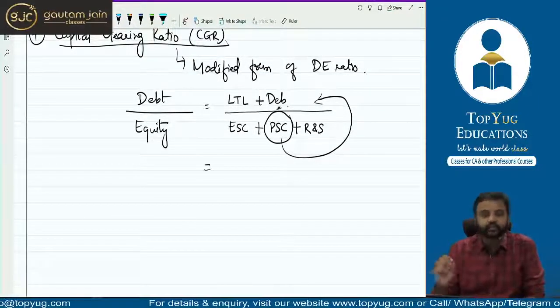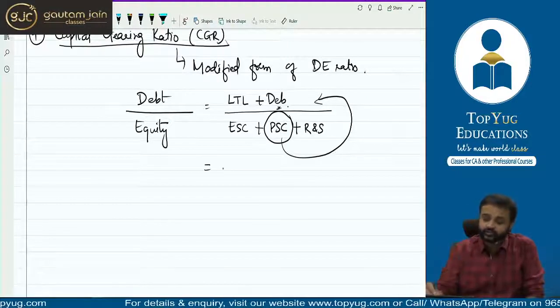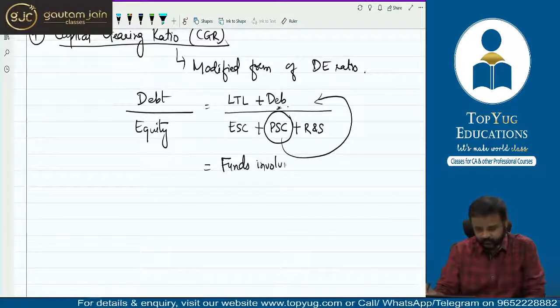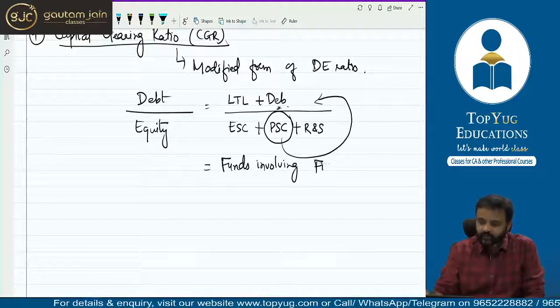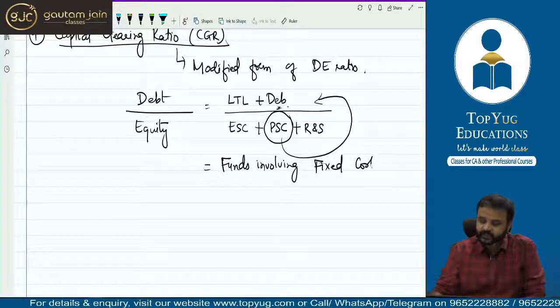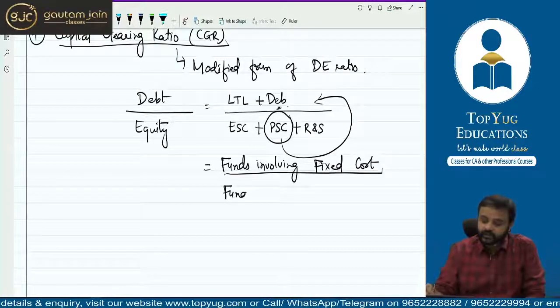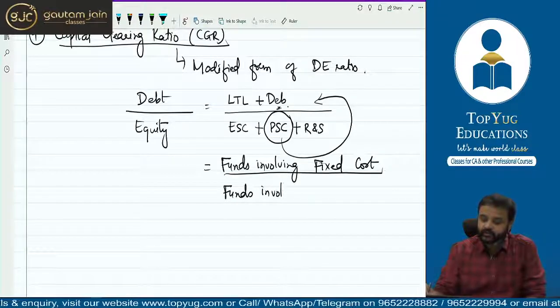So what do we have in the numerator in capital gearing ratio? Funds involving fixed cost is there in the numerator. And what is there in the denominator? Funds involving variable cost.